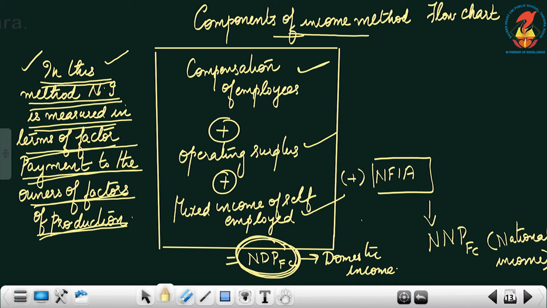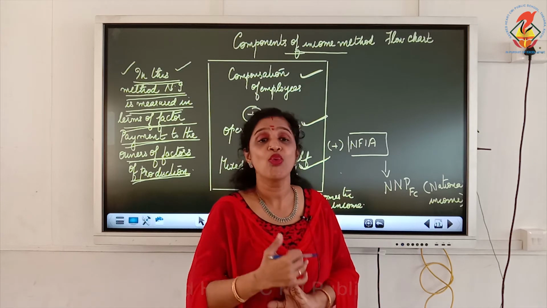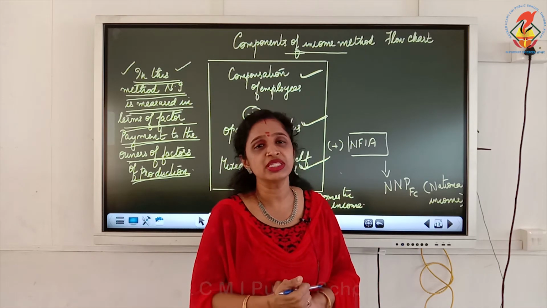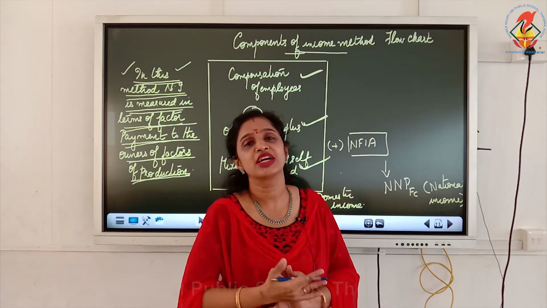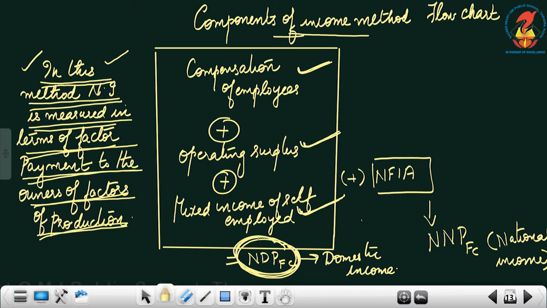When we add these three components, you will get NDP at factor cost. Which are the three components? Compensation of employees, operating surplus, mixed income of self-employed. Now you need to learn what is this operating surplus, what is this compensation of employees and what is this mixed income of self-employed. So by adding these three components, you will be getting NDP at factor cost. That is known as domestic income.